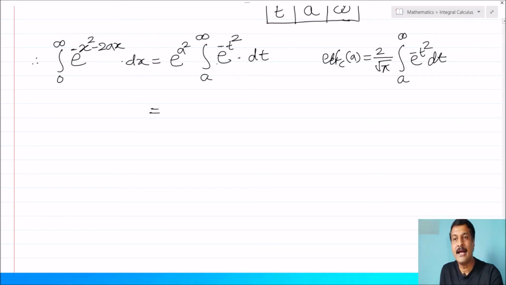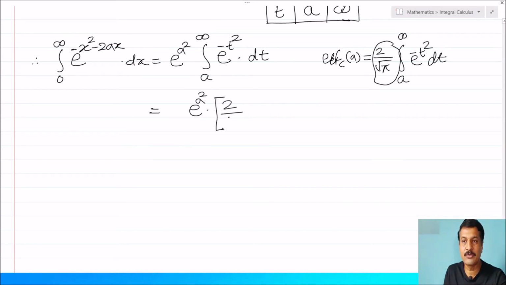So what is the required thing here? So 2 by root pi is not there. So I can adjust that, it is a constant term, and that is why I can do like that, e raised to a square into 2 by root pi integration a to infinity e raised to minus t square dt.